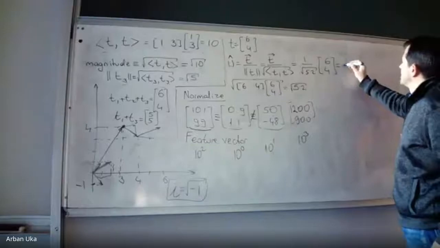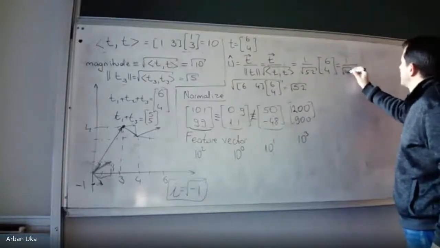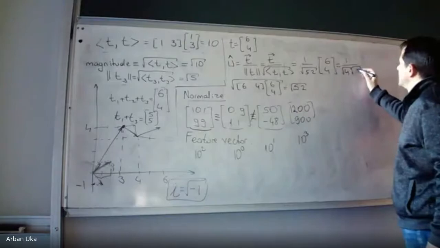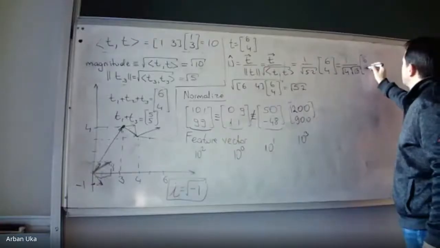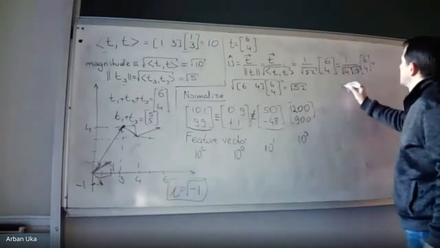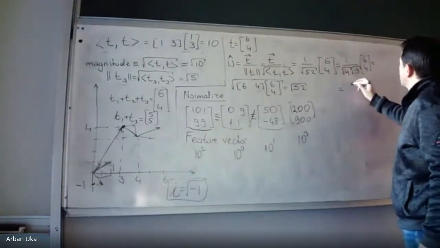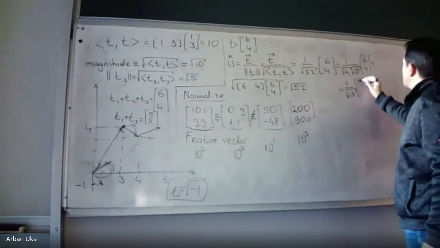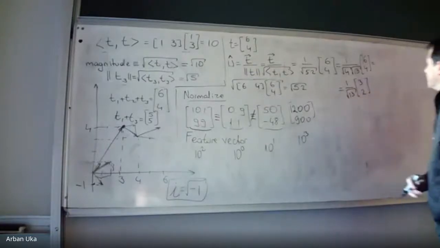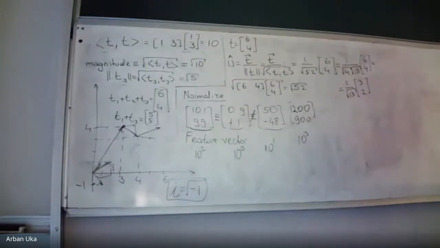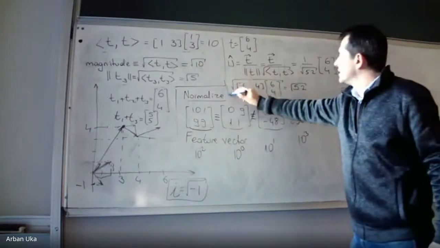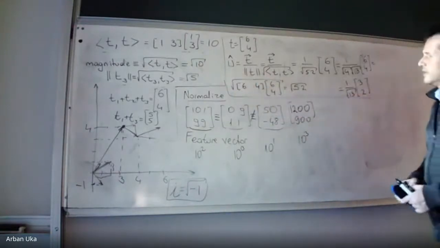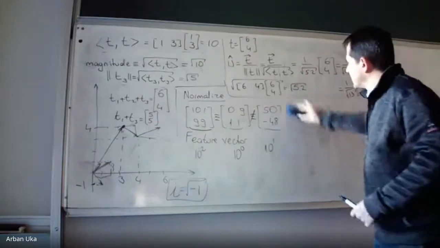So the square root of 52 is the square root of 4 times 13. So this is equal to 1 over the square root of 13 times 3 and 2. This is a unit vector along the direction of t. Now, we can provide another example.